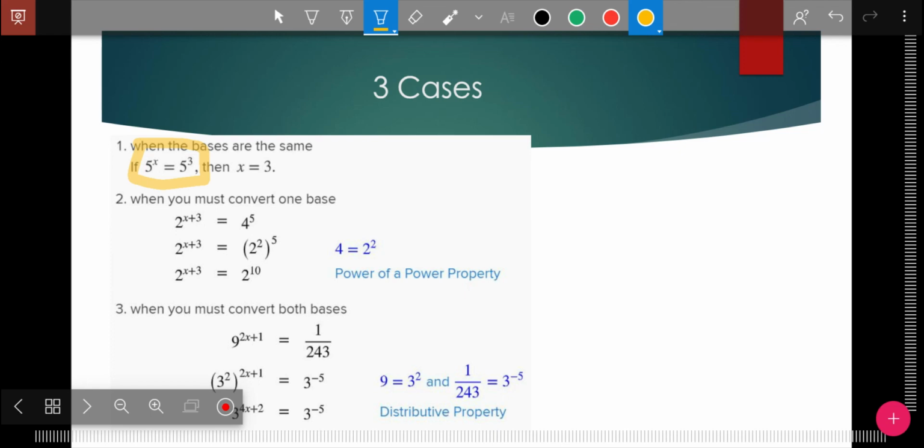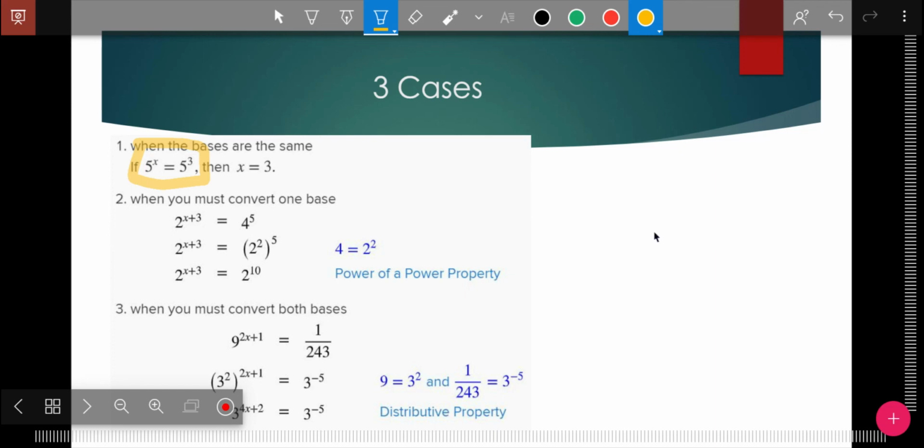So I'm going to change 4 to 2 squared like they did. And then because you use the power of a power property, 2 squared to the 5th power becomes 2 to the 10th. And so now you can solve it. We'll show you how to do that next.